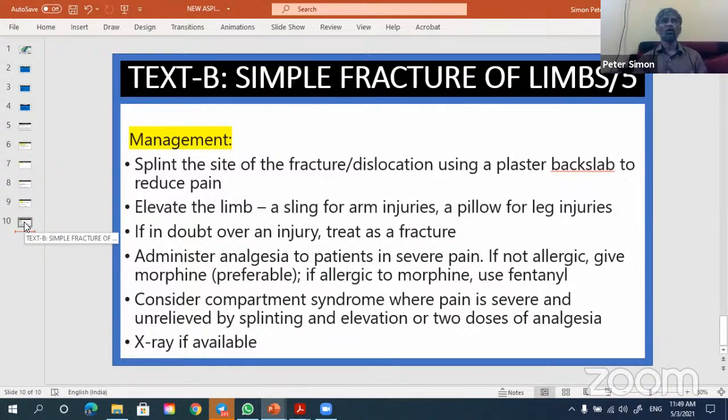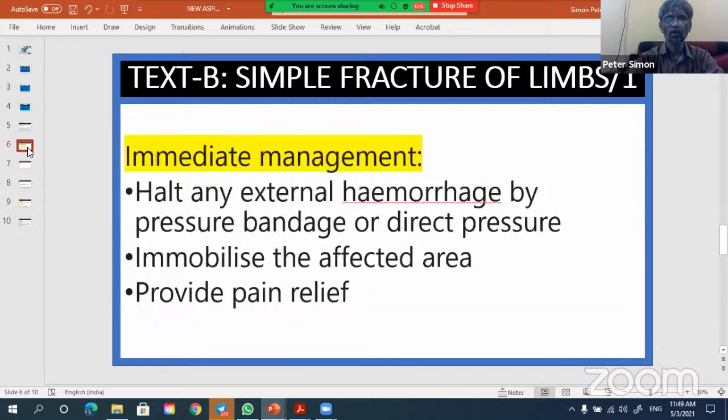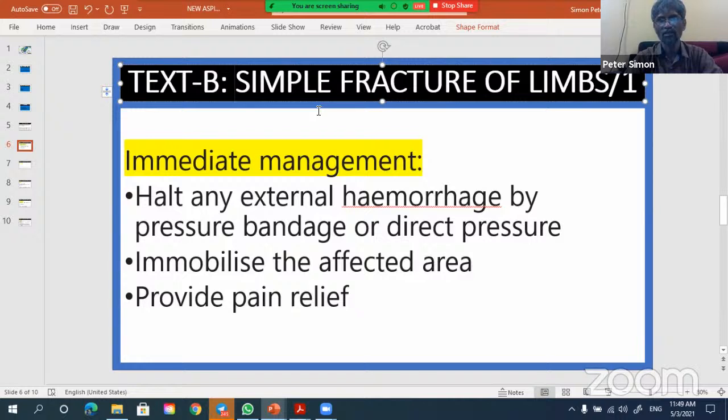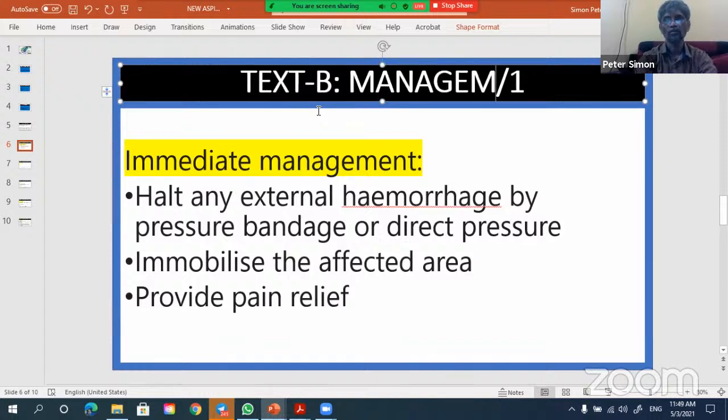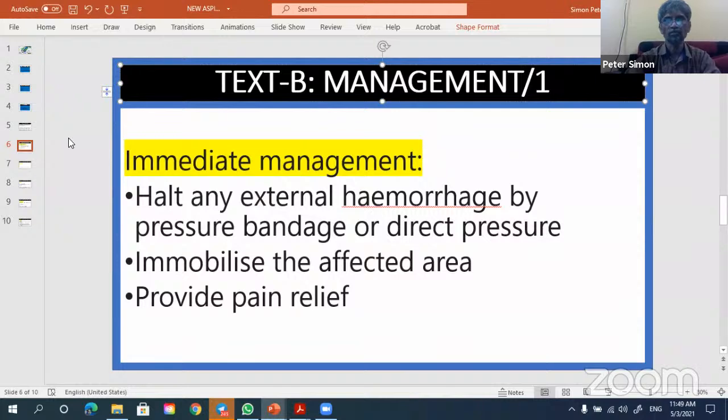So how to manage ordinary things? Just managing, right? So we can consider as simple fractures management. So remember this one, this is management. So let us take the title, management, simple fracture management.